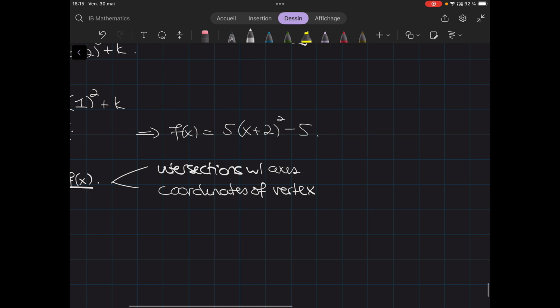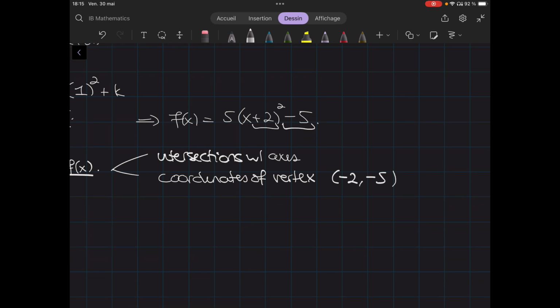The coordinates of the vertex can be readily determined from the vertex form that they asked us to do earlier. So it's going to be -2 and -5. Recall that the coordinates of the vertex is (h, k).